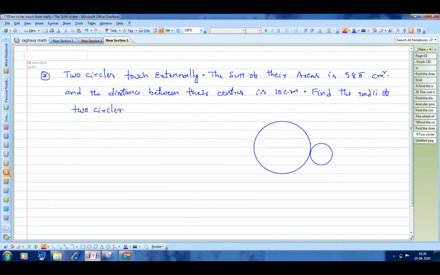So these circles are touching externally. This is R1, this is R2. The sum of their areas: this is A1, this is A2. So the total area A1 plus A2 is 58 pi. And the distance between their centers is 10 centimeter. So the distance between C1 and C2, that means R1 plus R2, is equal to 10 centimeter.